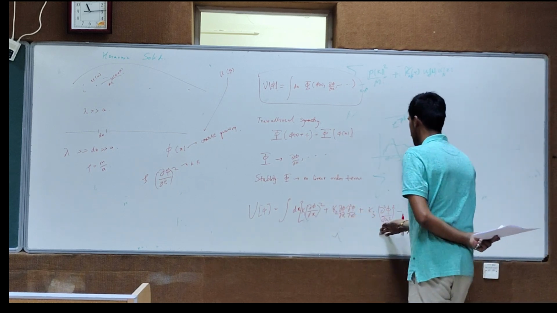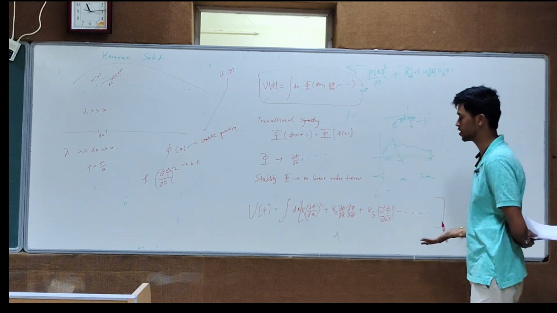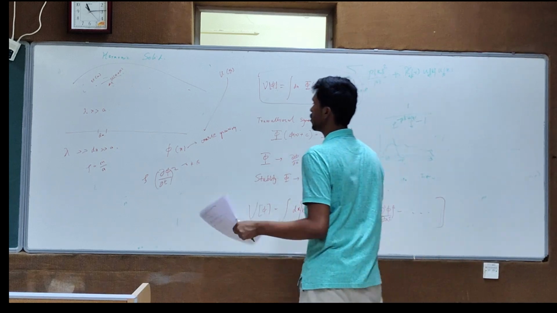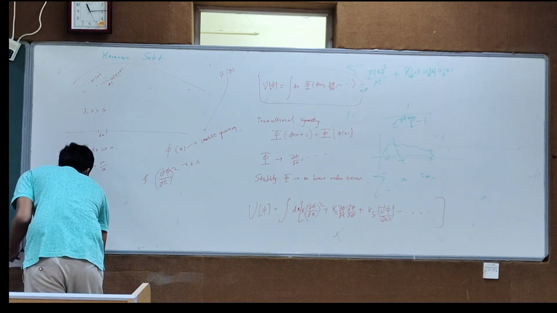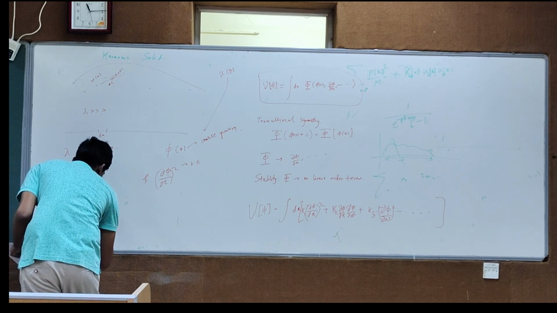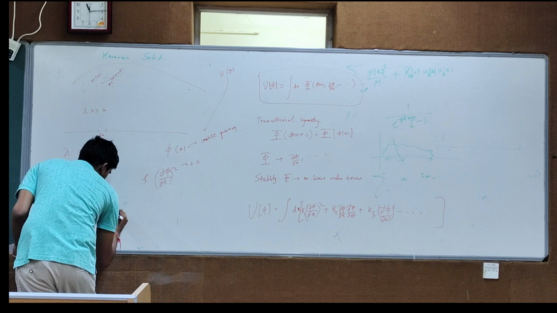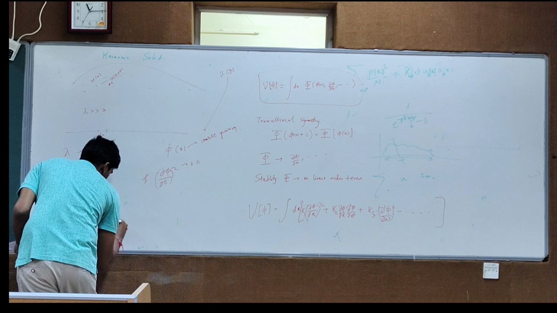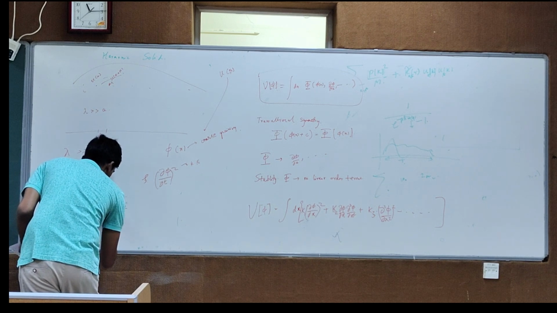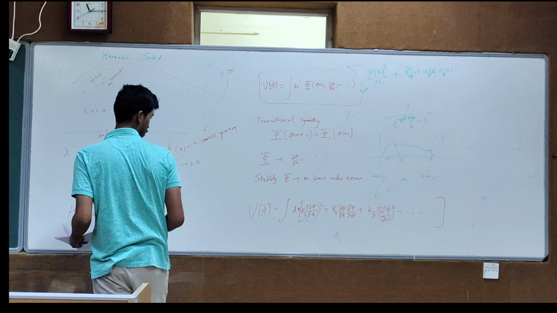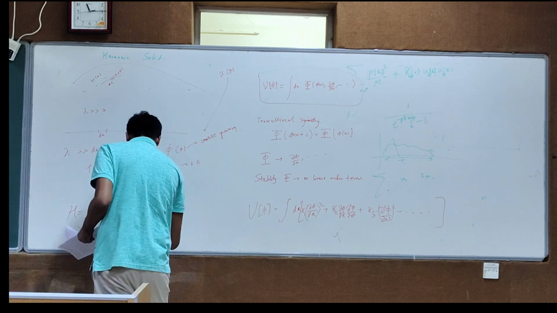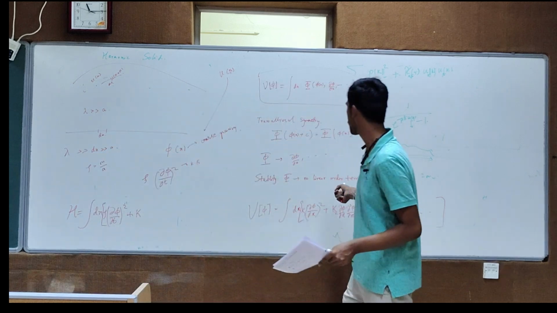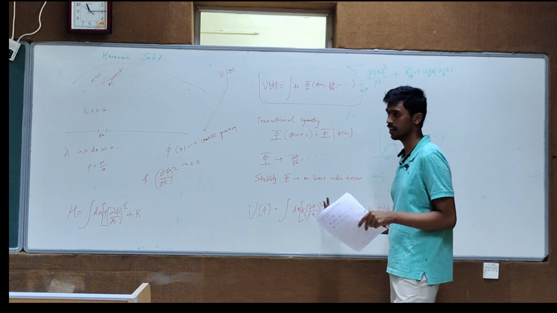And so these are the increasingly higher order terms in terms of the derivatives. And so the lowest order Hamiltonian would be this, and also for stability you require that you have a minimum, right?